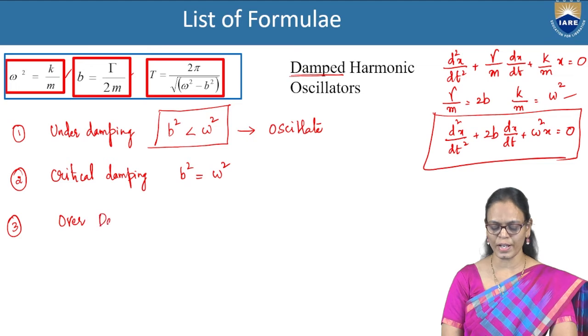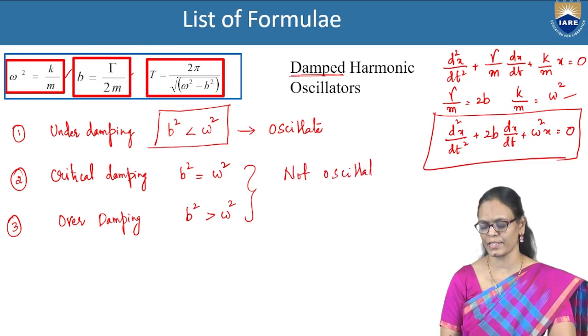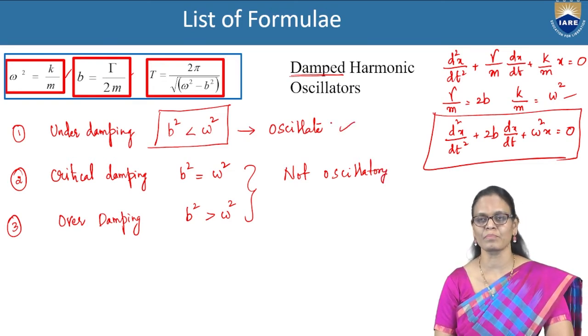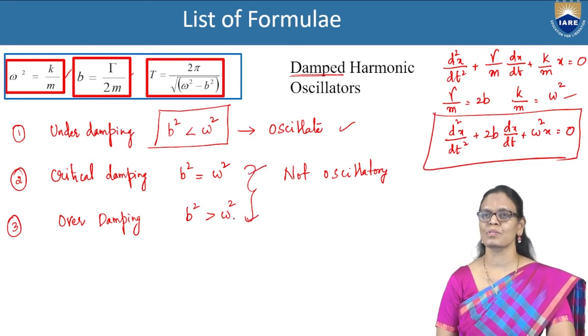So what is over damping? If b square is greater than omega square. So in both the cases, the system is not oscillatory. Only in the first case, the system oscillates and comes to rest. In critical damping, it comes to rest fast, but here it comes to rest slowly.